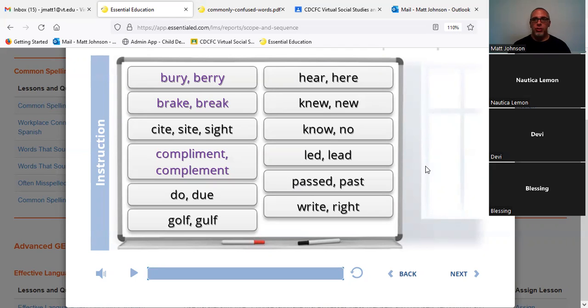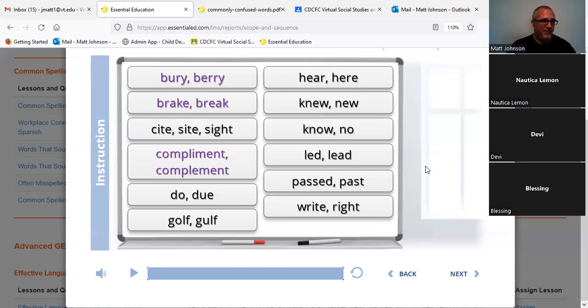And so many times I would see students using L-E-A-D as the past tense of lead as well, right? So lead and lead being spelled the same way. And I know it's really confusing because there's another word where we sound it different, but it's spelled the same for past tense and present tense.